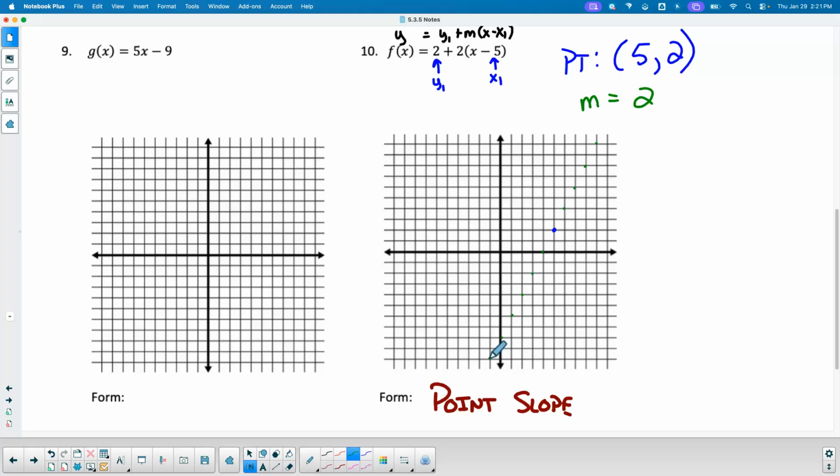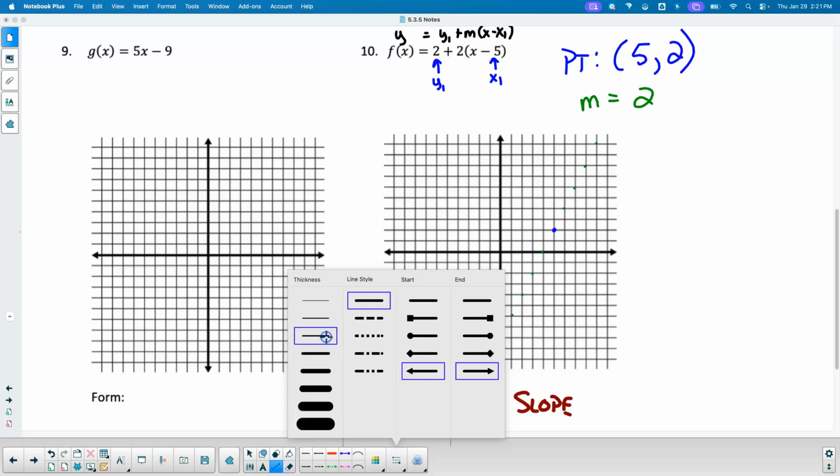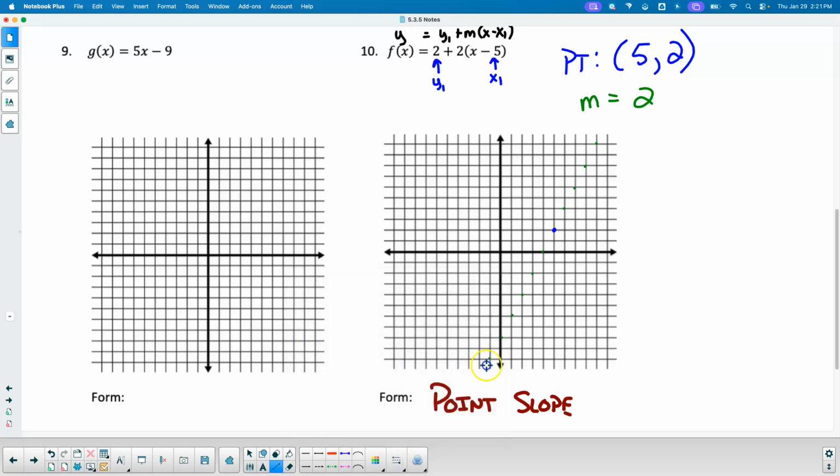Second rule. We got to put arrowheads on the end of our lines, right? What do those signify, by the way? It goes on forever in both of those directions, right? Those arrowheads should be off of your grid. So here's your line.